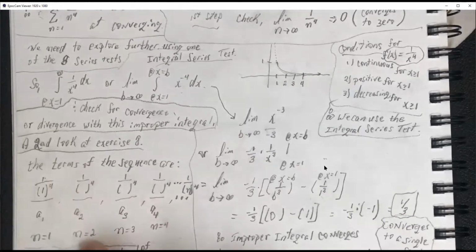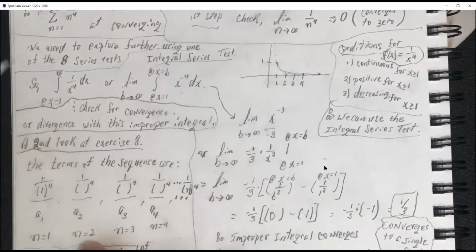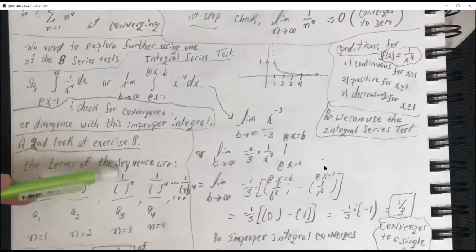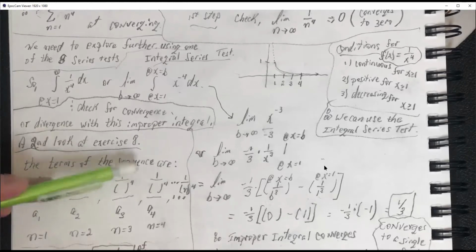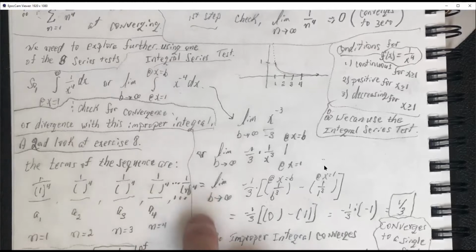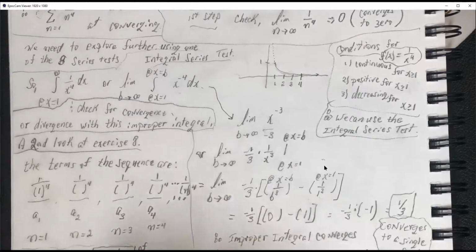The second term, of course, it's going to be the same formula. So it's 1/n to the 4th, and the same with the third term, 1/n to the 4th, and so on, and forever, and the nth term would be 1/n to the 4th.